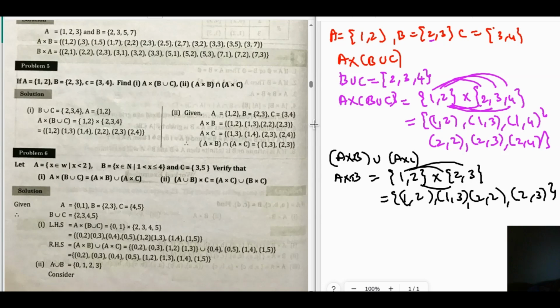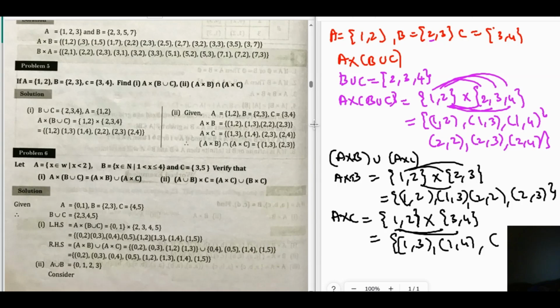Then same way you will find it for A cross C. A cross C will be {1, 2} cross {3, 4}, that will be (1, 3) and (1, 4), first element with both the elements of second bracket, and then second one (2, 3) and (2, 4).